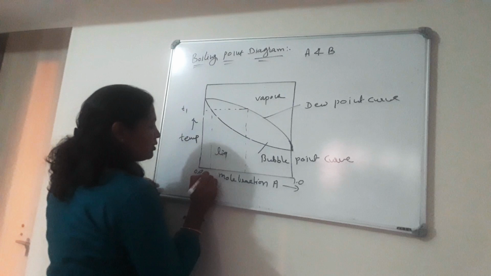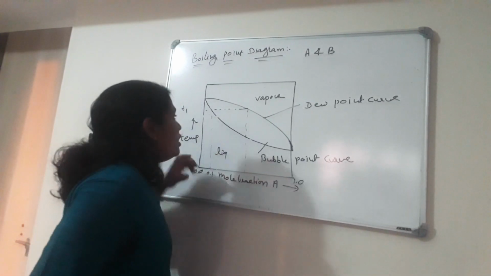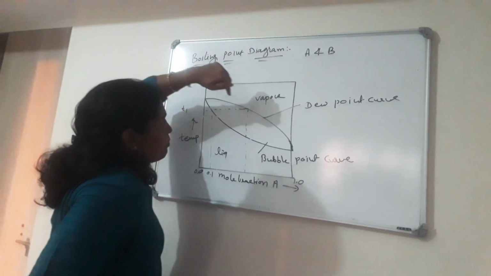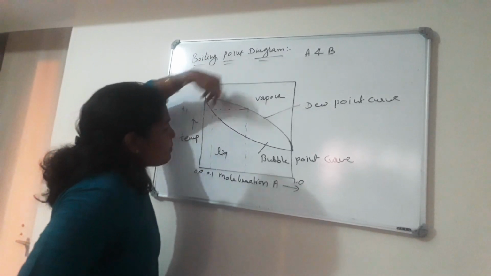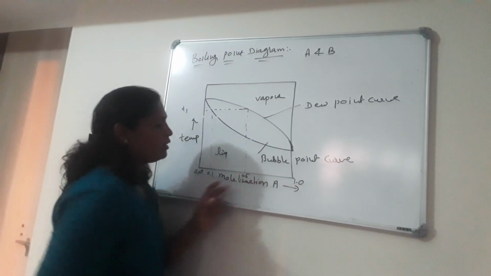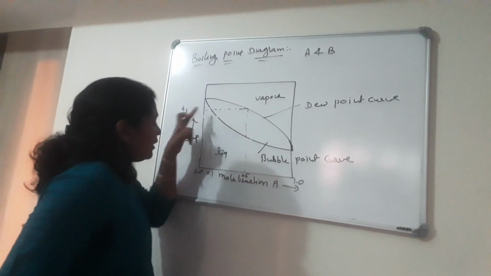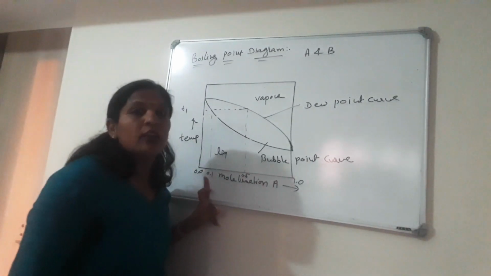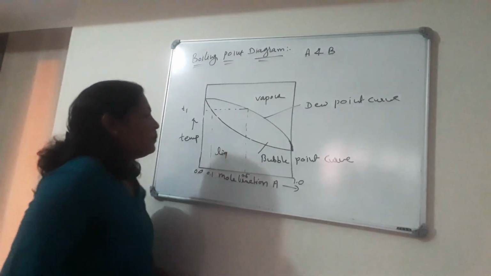Suppose this is the 0.1 mole fraction of A in the liquid phase. What will be the position at the same temperature in the vapor phase? Suppose it is around 0.5. Then 0.5 is the mole fraction in the vapor phase and 0.1 in the liquid phase, and in between there is the mixture.